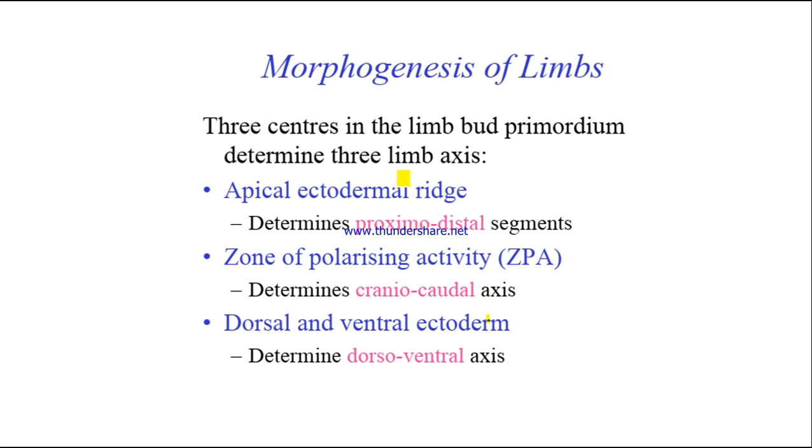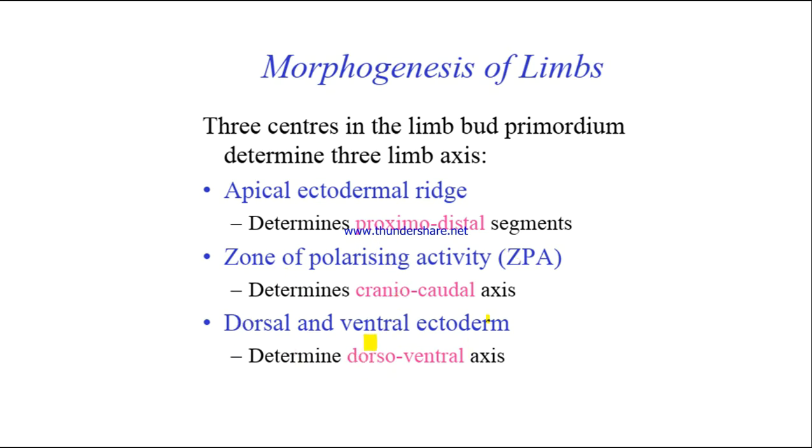So, the morphogenesis of the limb: we have 3 centres in the limb bud primordium, and these are going to determine the 3 limb axes. We have the apical ectodermal ridge, which determines the proximal-distal segments; the zone of polarizing activity, known as the ZPA, which determines the craniocaudal axis; and then the dorsal and ventral ectoderm, which determines the dorsal-ventral axis.